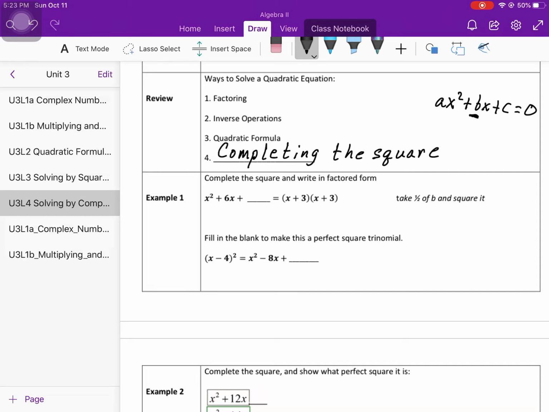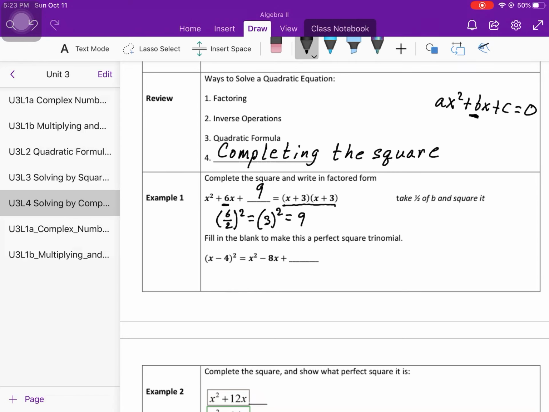So the b value is what's in front of the x. So in this case, it's 6. So we take 1/2 of 6, so 6 divided by 2, and then square it. So 6 divided by 2 is 3, and 3 squared is 9. So right there, we completed the square. x squared plus 6x plus 9 equals (x plus 3) times (x plus 3).